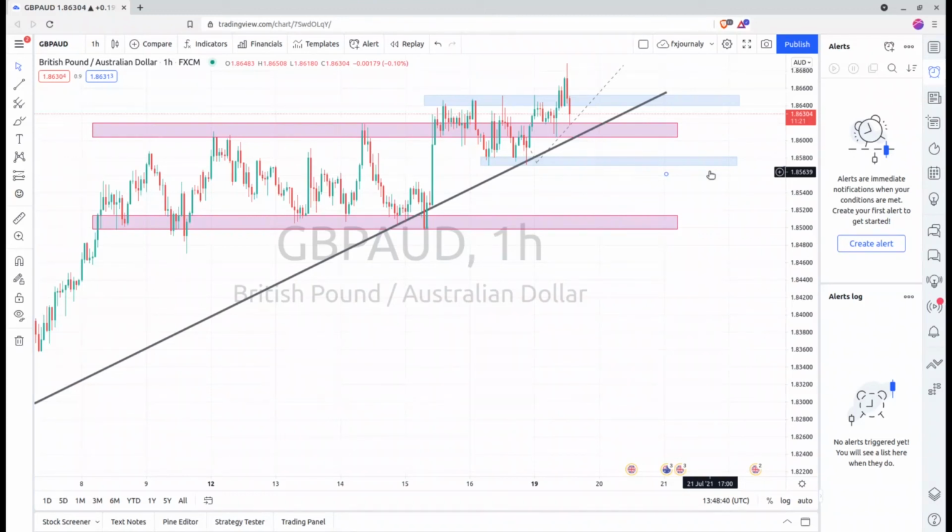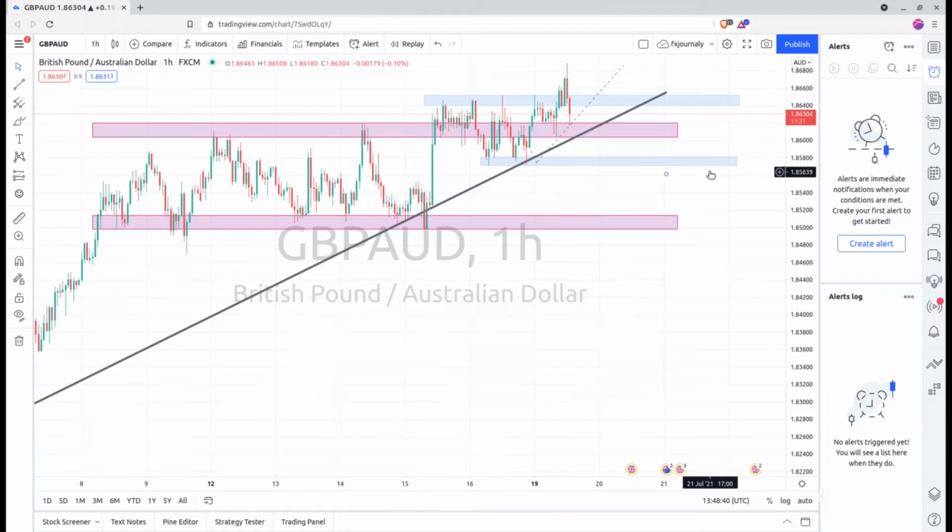Instead, what seemed to happen was that the new resistance that was formed last week is now turning into support, because price is getting into the resistance area and rejecting massively. It didn't even cross the border of the resistance zone right here. It just spiked into it and there was a massive rejection.